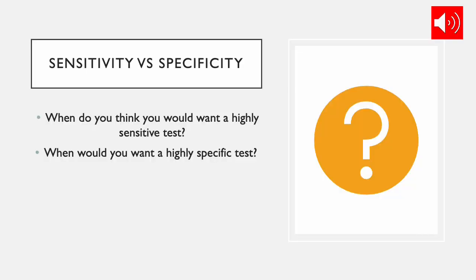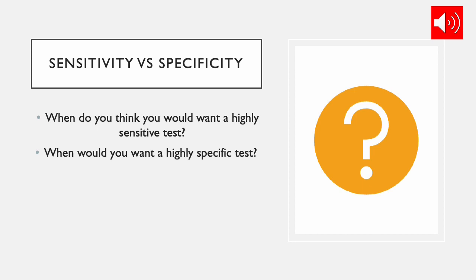So what are some instances where you would want a highly sensitive test? Usually these types of tests are very important when you're trying to determine if somebody has cancer.